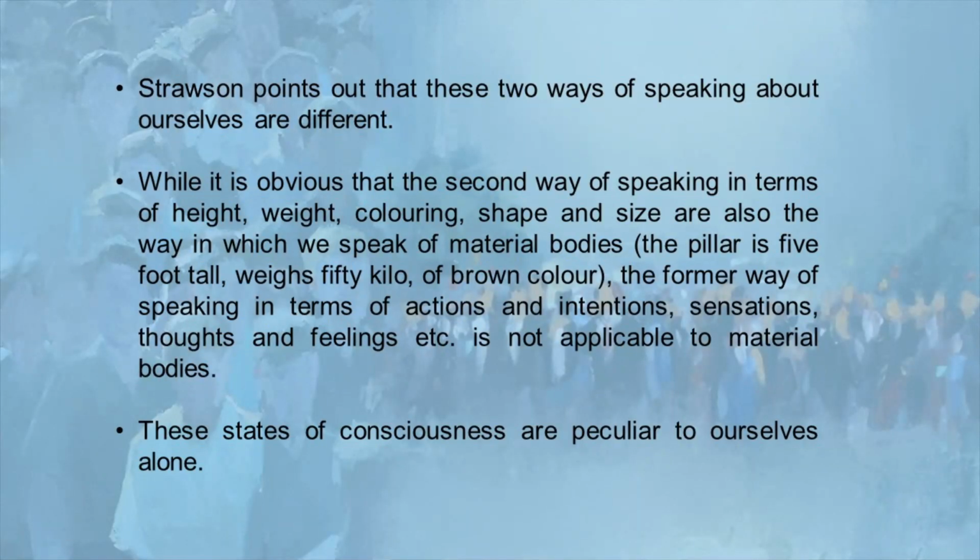It is obvious that the second way of speaking, in terms of height, weight, coloring, shape and size, is also the way in which we speak of material bodies: the pillar is 5 foot tall, weighs 50 kilos, or is brown or dark or fair in color.